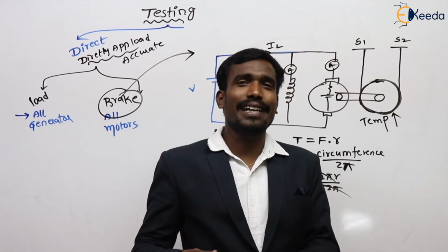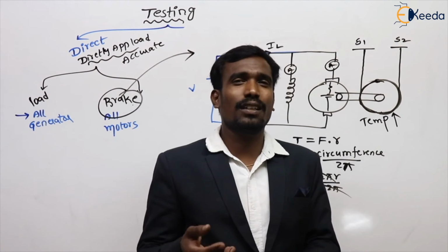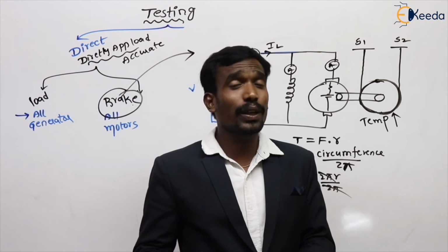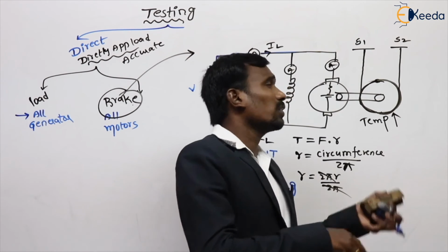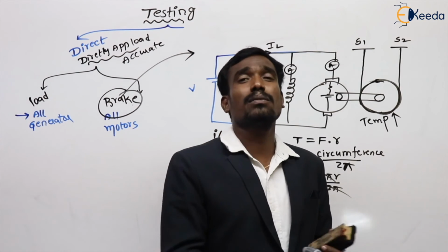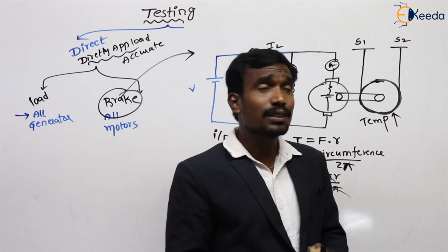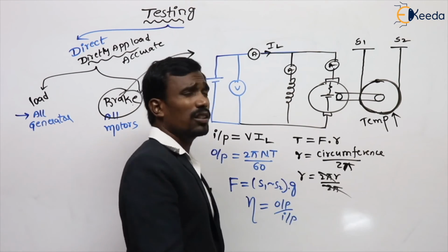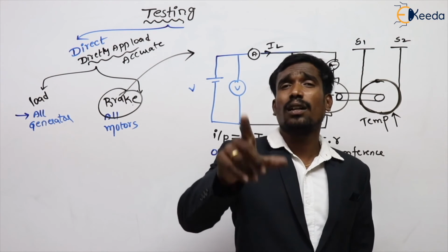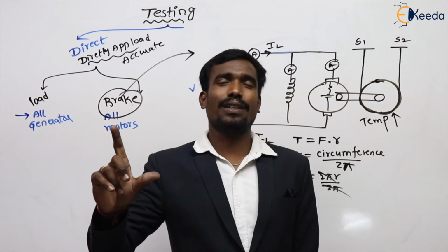Your faculty will say to you, pour the water again and again. During the test, we have to pour water on the pulley because it produces a maximum temperature. That's why this test is conducted only for low rating machines, not for high rating machines.